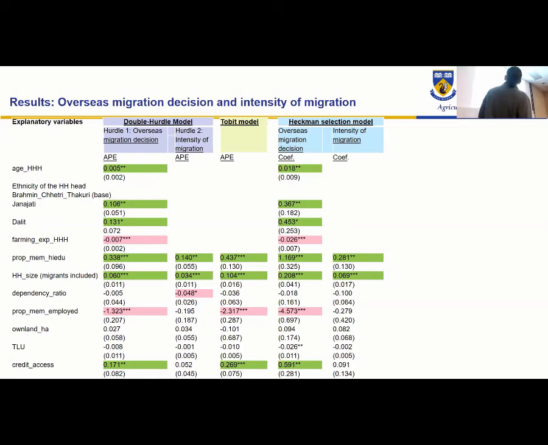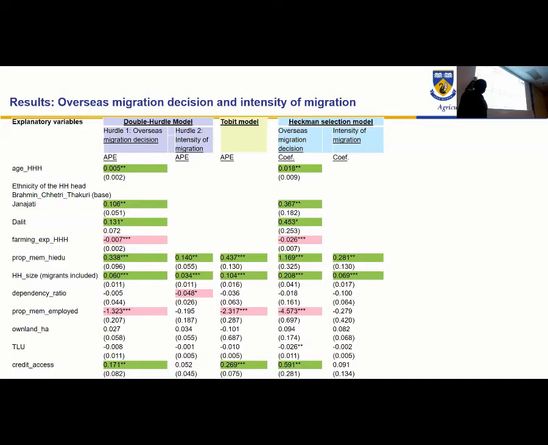And from this result, what we can see is that the overseas migration decision, that means whether the household will participate in overseas migration or not, is significantly influenced by the age of the household head. I mean, if the household heads are older, then they are more likely to participate in overseas migration.